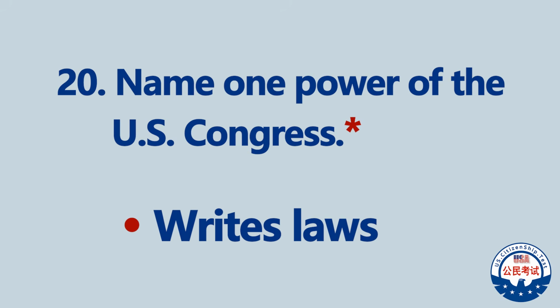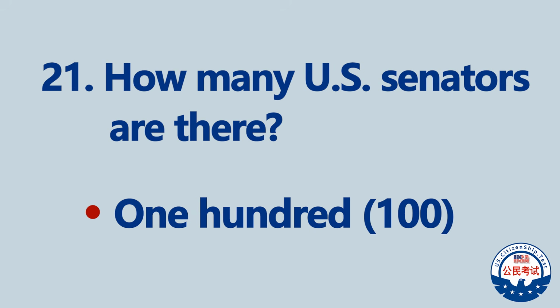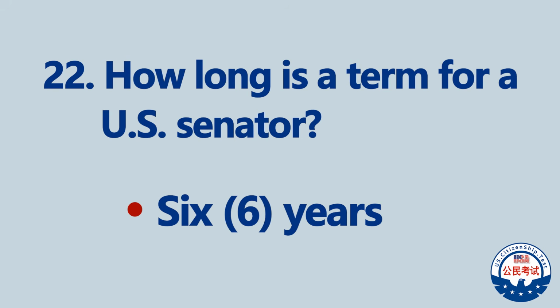Writes laws. How many U.S. senators are there? 100. How long is a term for a U.S. senator? 6 years.